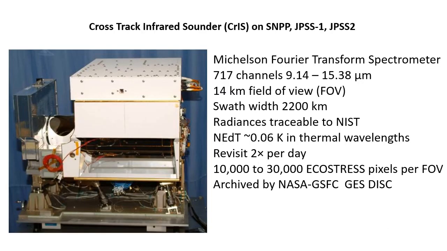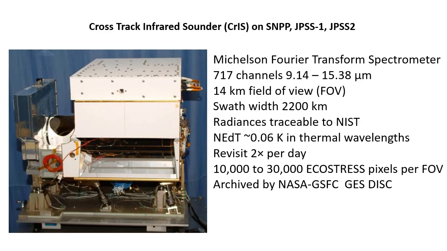The Cross-track Infrared Sounder is on the Suomi NPP satellite and JPSS 1 and 2, and it's a completely different form of infrared device. It's a Michelson Fourier transform spectrometer. It has 717 channels between 9 and 15 microns, and it has a really big field of view, a 14 kilometer oval to circle field of view.